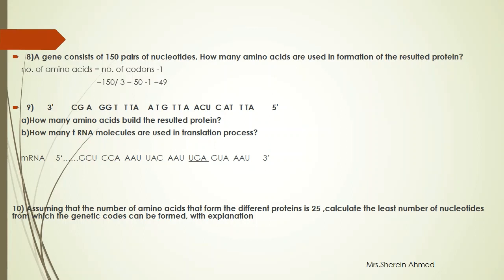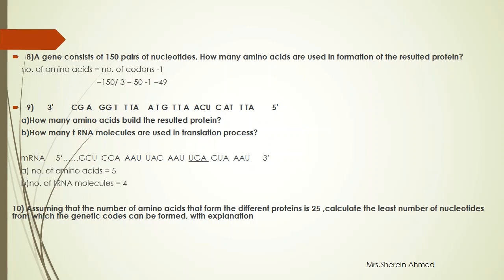Now, as you see, we have here UGA in the middle of the codons, and you know that UGA is the stop codon. So we are not going to count any of the codons that come after the stop codon. So we have 1, 2, 3, 4, and 5. We have 5 amino acids. How many tRNA molecules? If there is a repetition, we are going to cancel 1. We are going to count them according to the number of types, so the number is 4.